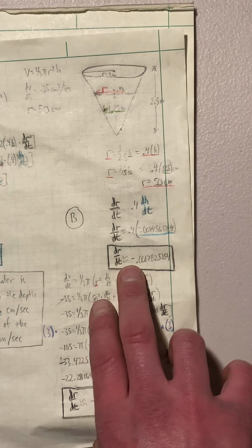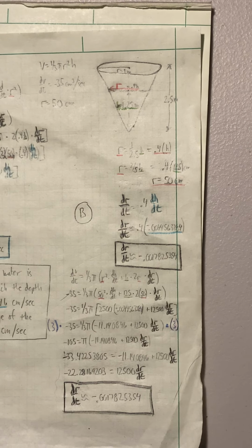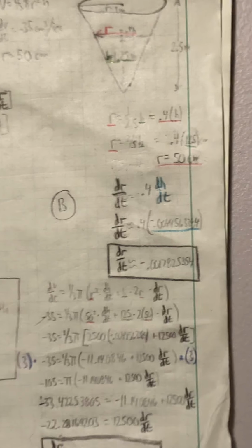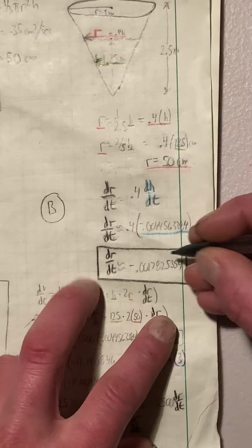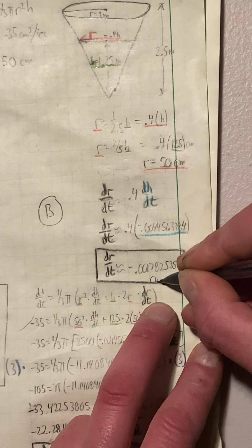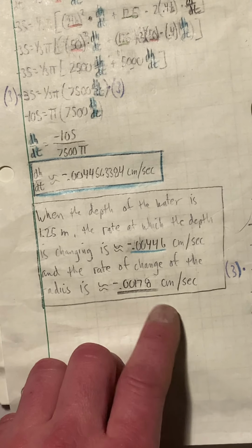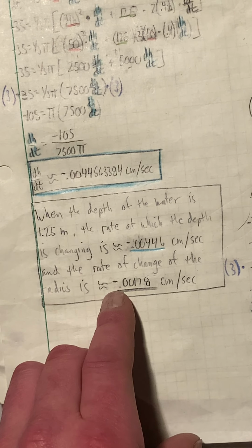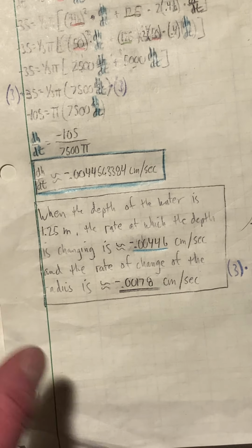And that comes out to be approximately negative 0.001782 centimeters per second, which I indicated over here. Approximately negative 0.00178 centimeters per second.